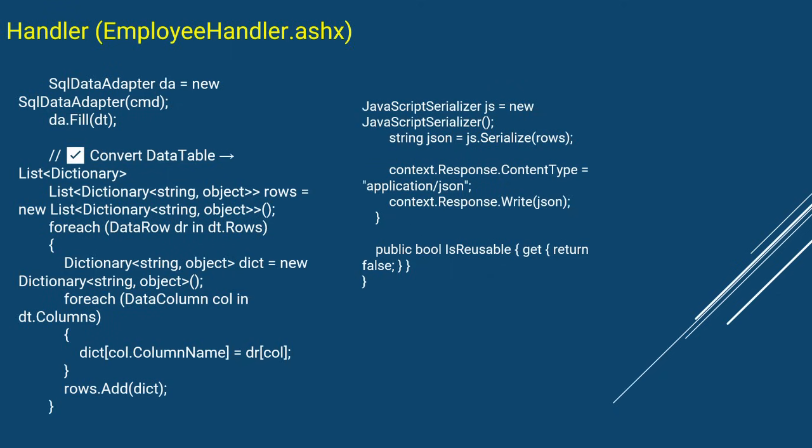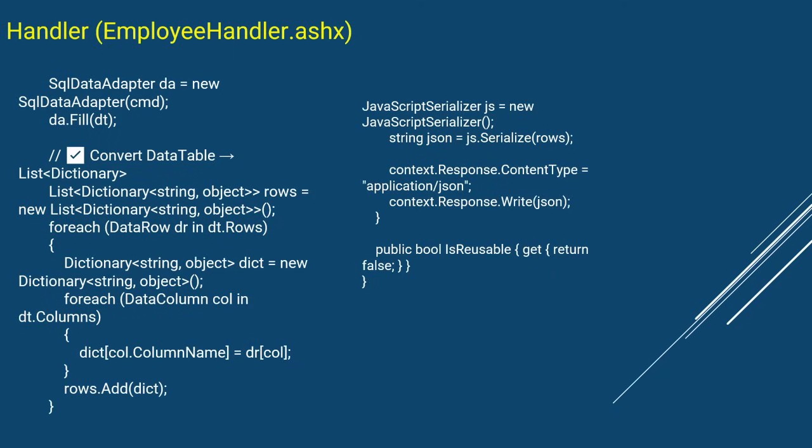It uses cmd.Parameters.AddWithValue to secure the query against SQL injection, adding the @search parameter wrapped in wildcards and the @dpt parameter. The second part of the code handles data execution and serialization.